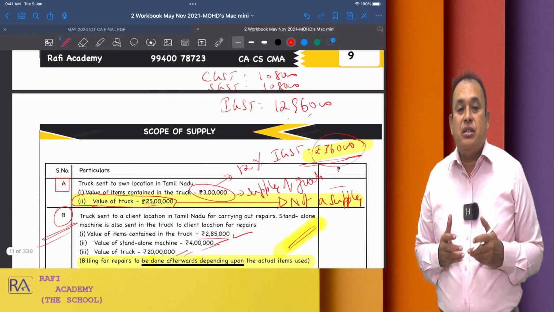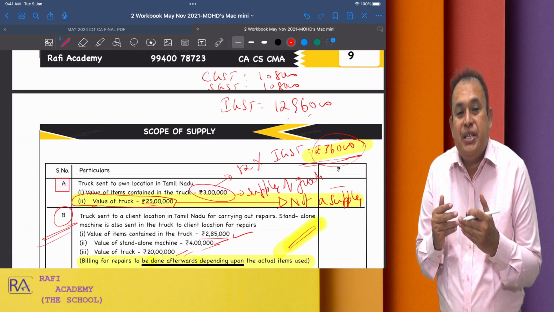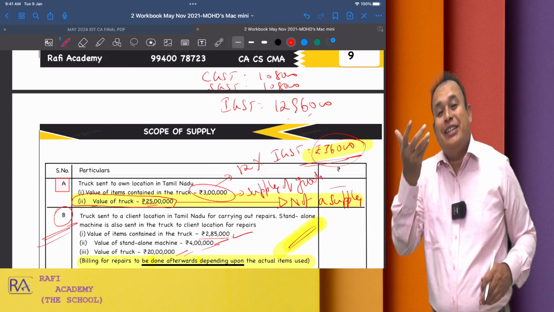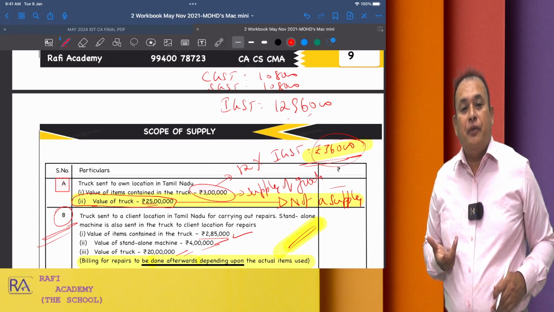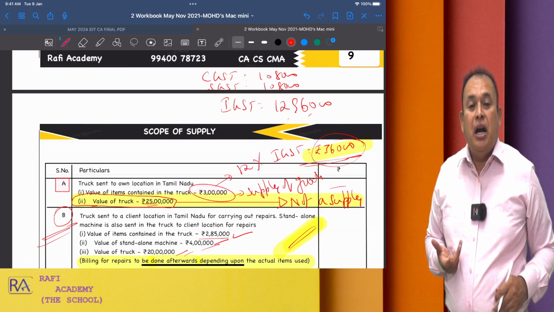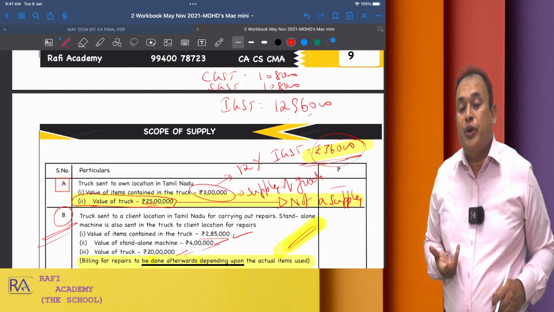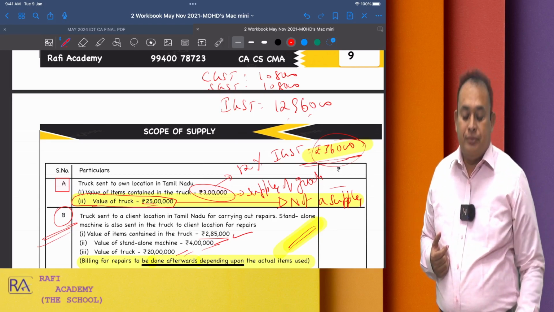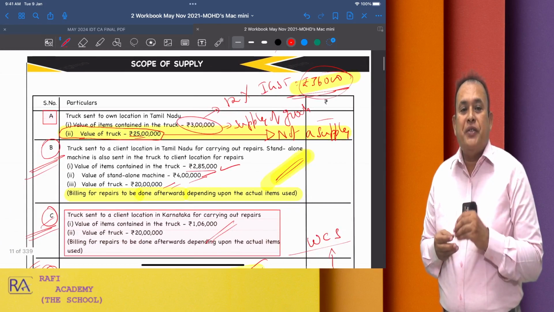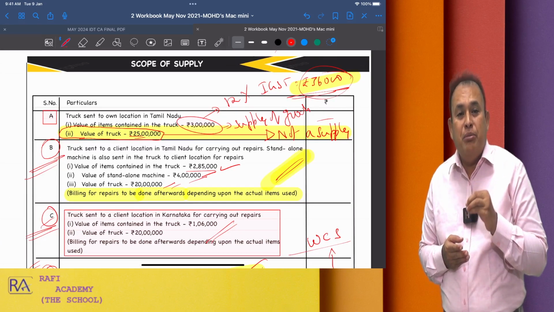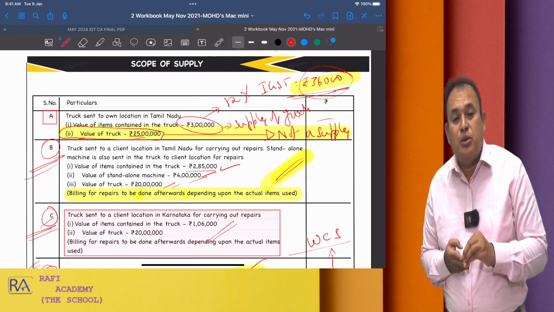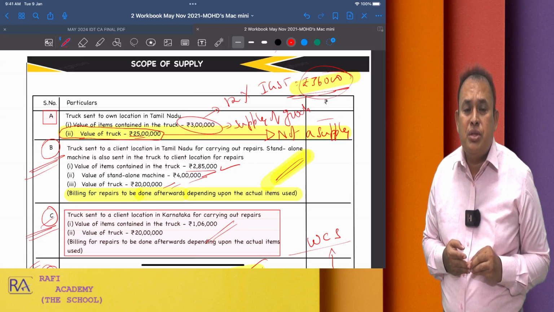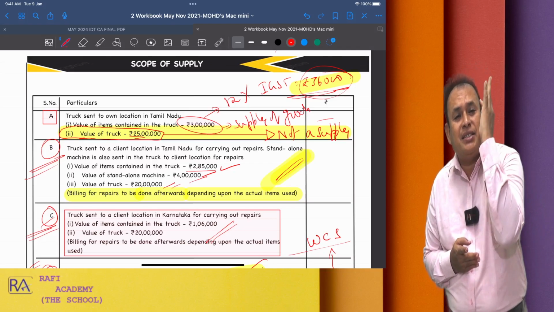This is called a comprehensive case study oriented question from the scope of supply. This is what the institute is expecting at the final level of the new syllabus of CA Final applicable for your May 2024 exam onwards. Scope of supply means what do you mean by goods, what is the definition of goods as defined under section 2(52), and what is service as defined in section 2.